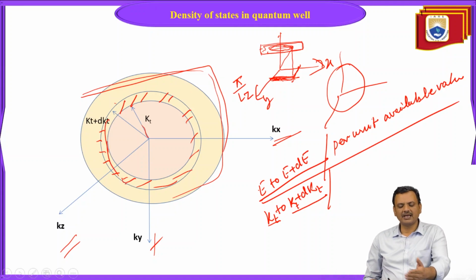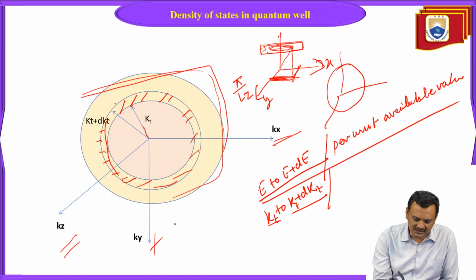So now what will be the area of this region? The area of this region will be 2 pi Kt dKt.